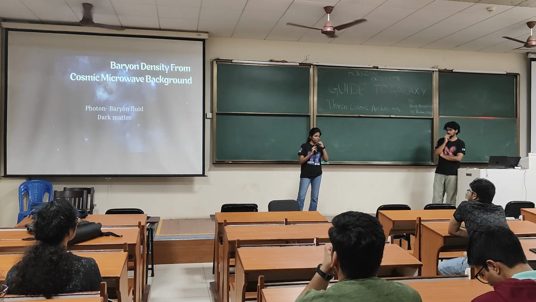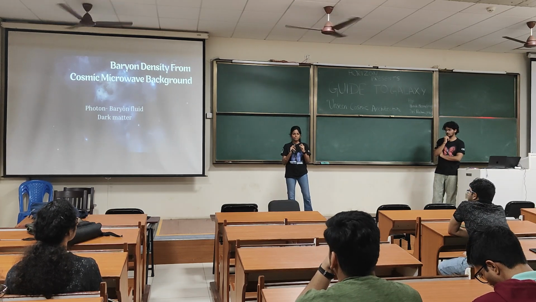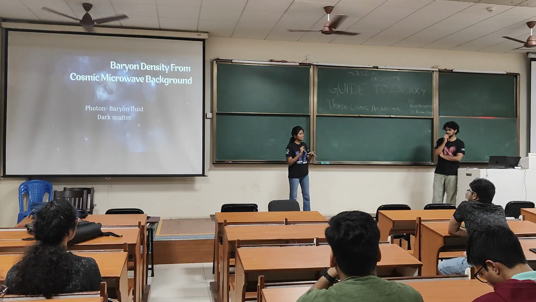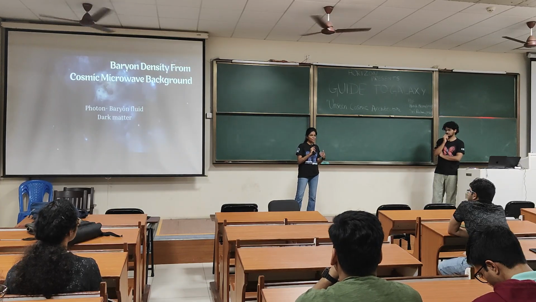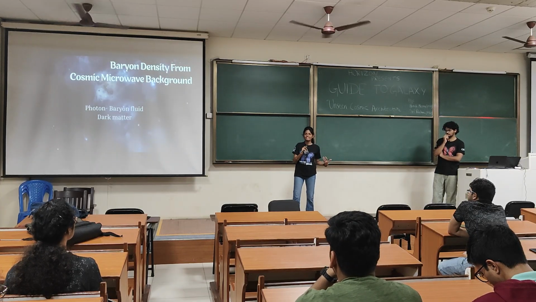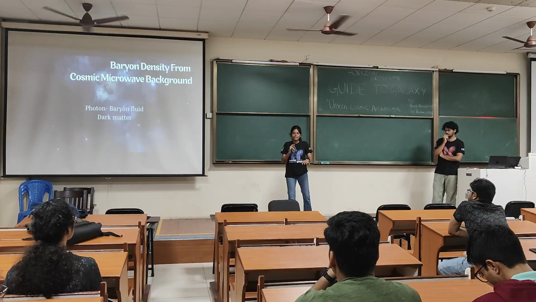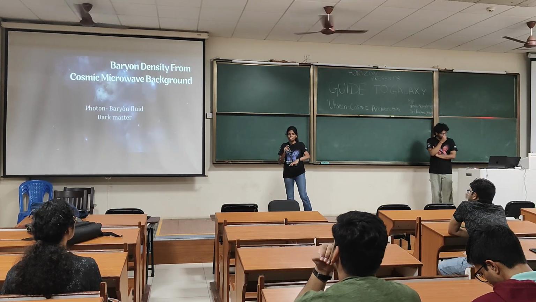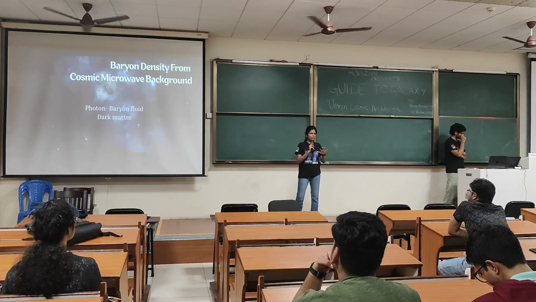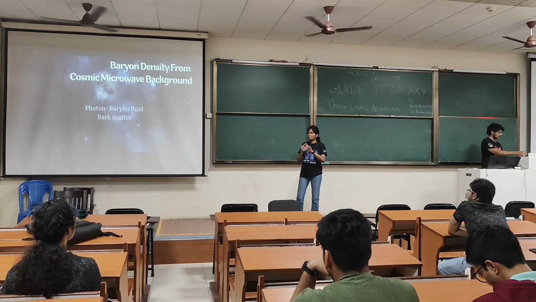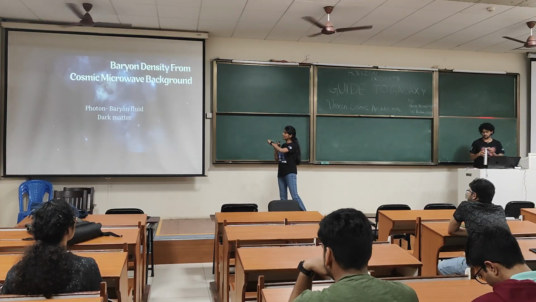See, the mean free path of the photon is very, very tiny, so even before it could move, it will definitely hit an electron. Electron and photon just stay together all the time. But where is this baryon thing coming from?